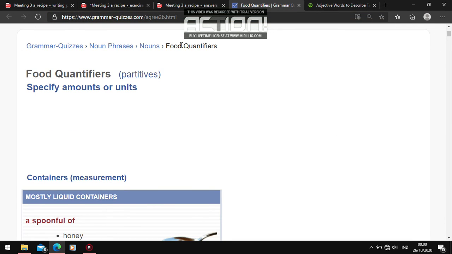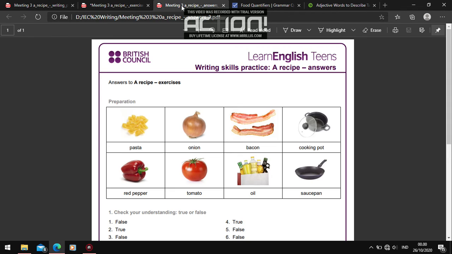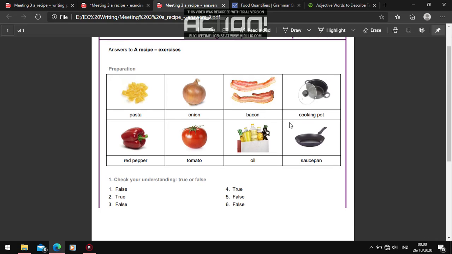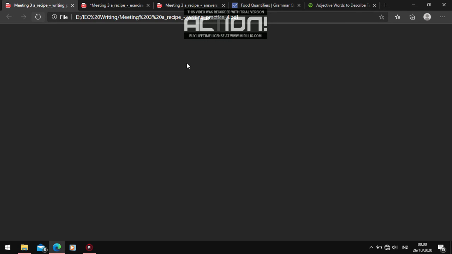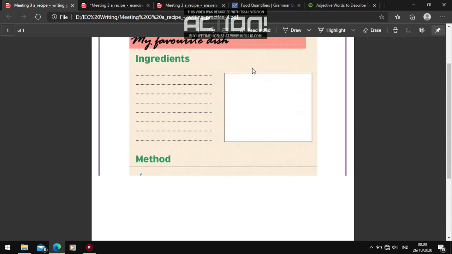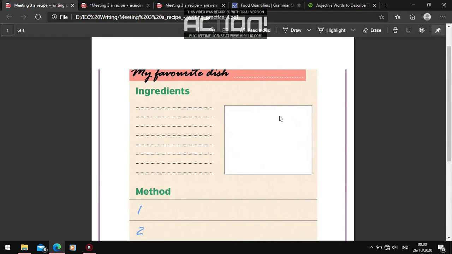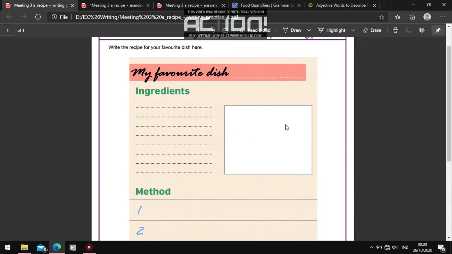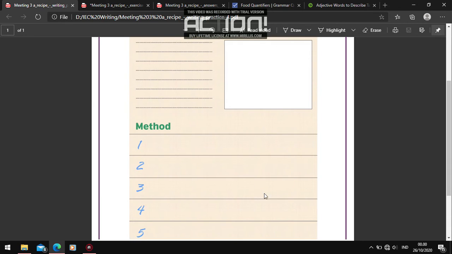Now, after I'm explaining all the material, I want you to know what you need to do as your exercise. Your exercise and also your attendance. Okay, what I want you to do is you to make your favorite dish. Yeah, so write my favorite dish. Okay, so what you have to do is you need to put picture and then you write the ingredients and also the method.